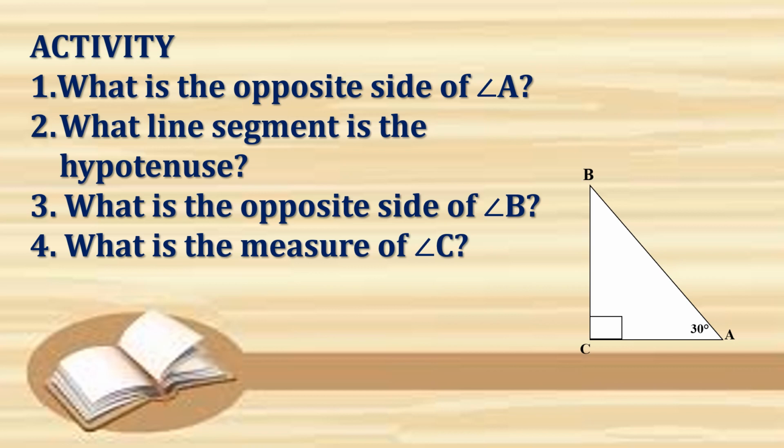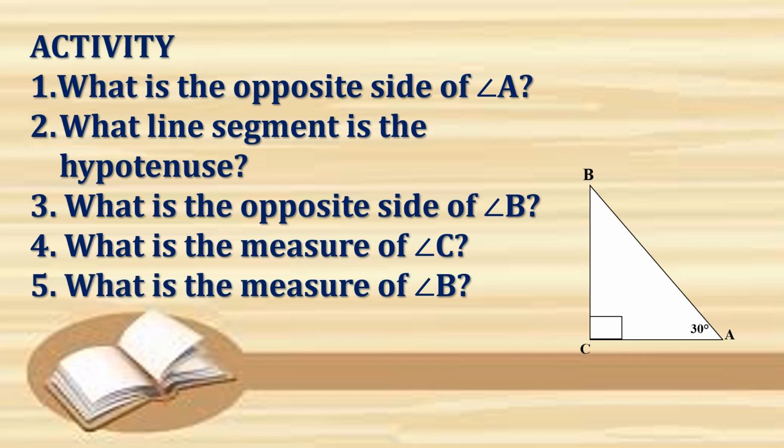Good job! Since angle C is our right angle, therefore the measure of angle C is 90 degrees. How about the measure of angle B? Right! Angle B measures 60 degrees.